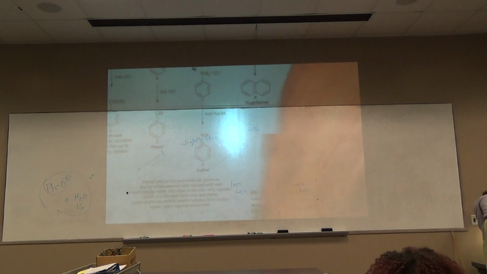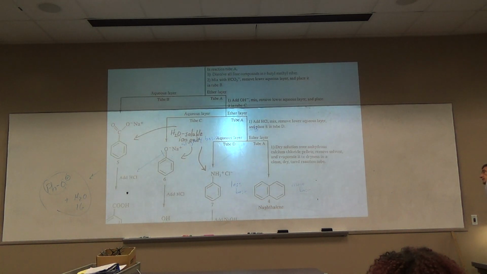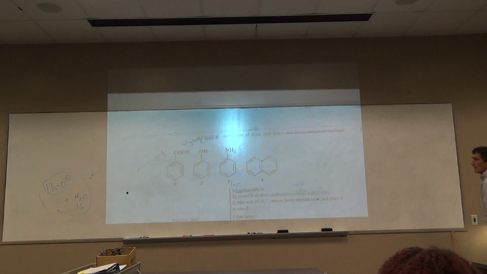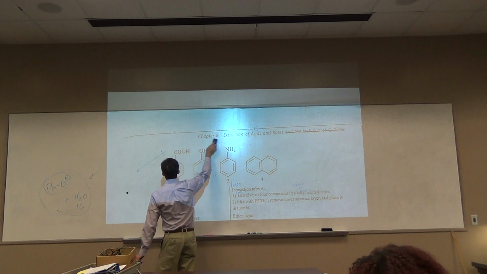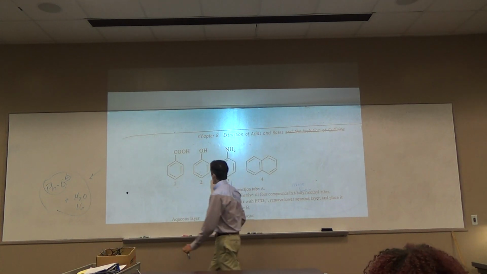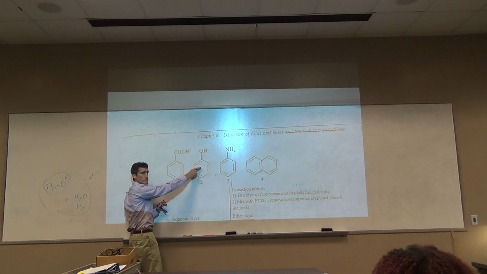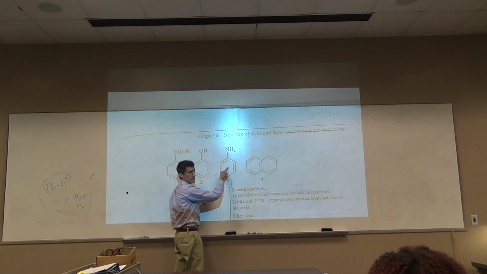While we're doing acid-base, it's good to review an extraction process. How could you separate these 4 compounds in the lab? Well, we have to understand that 2 of them are acidic. 1 of them is basic, slightly basic.